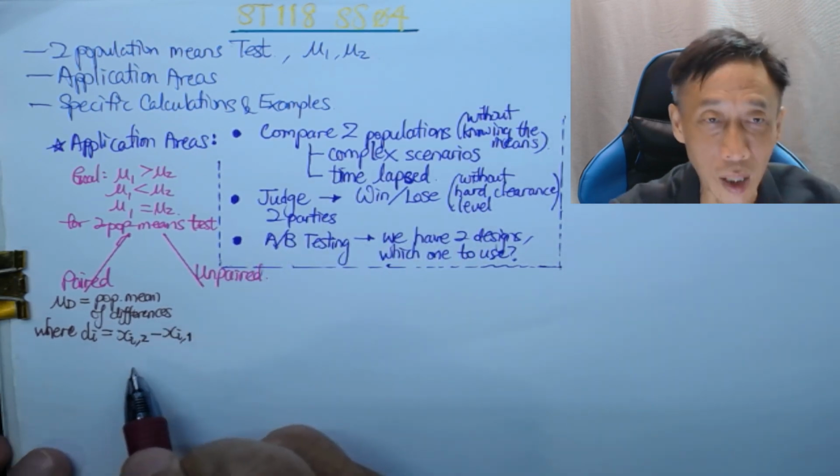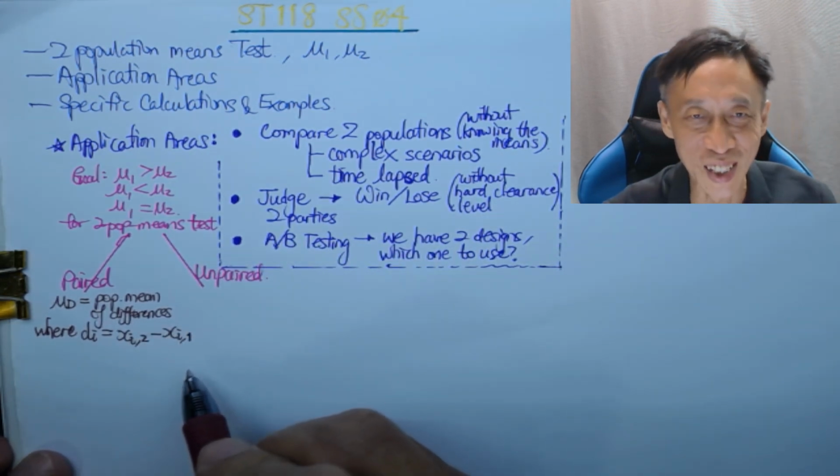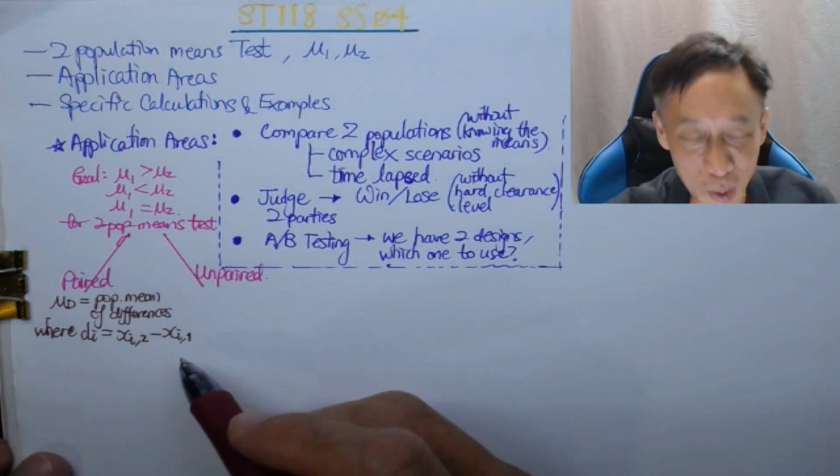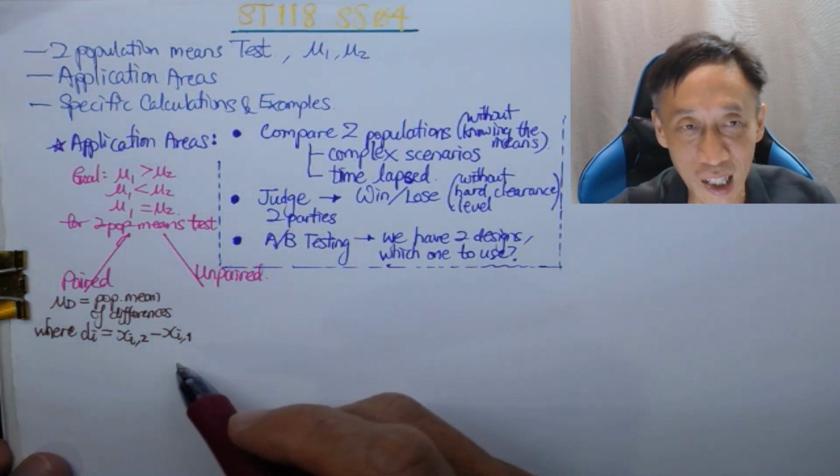So we define it this way. I use 2 minus 1 because it's just easier mentally speaking. Because 2 minus 1 is still positive, right? I would rather not deal with negative number.